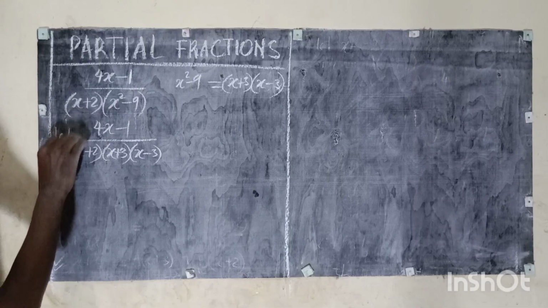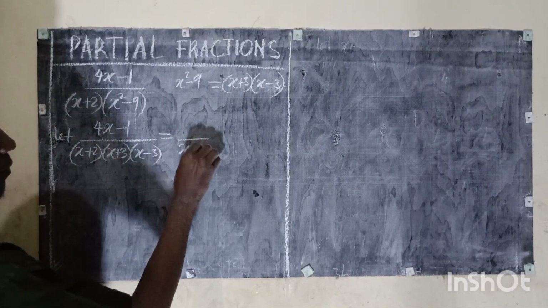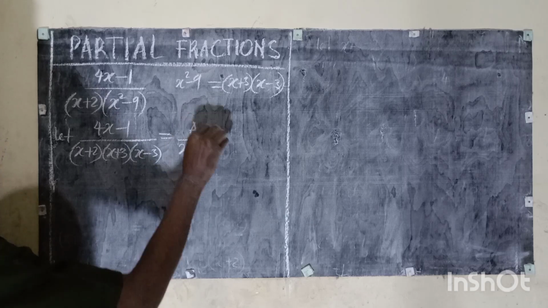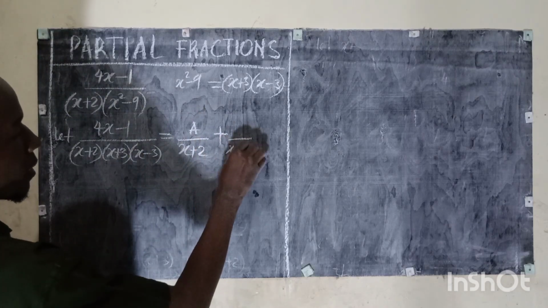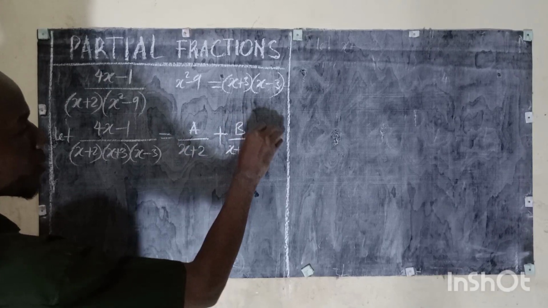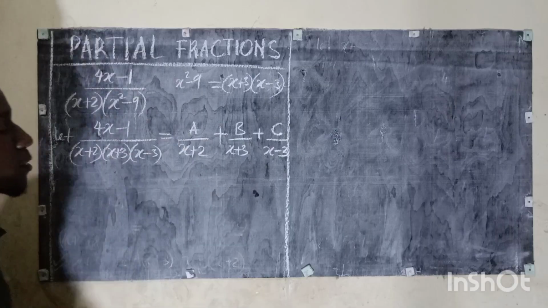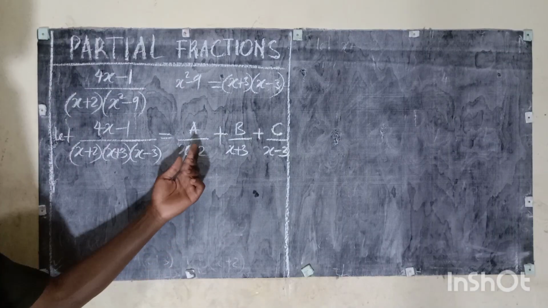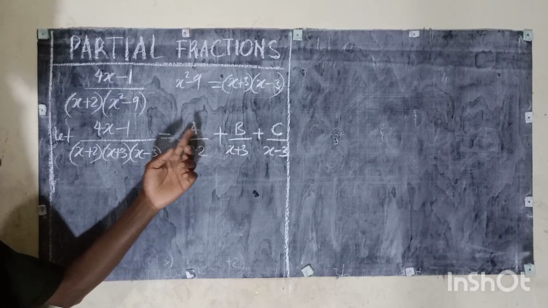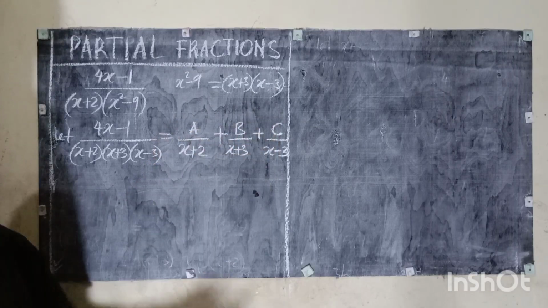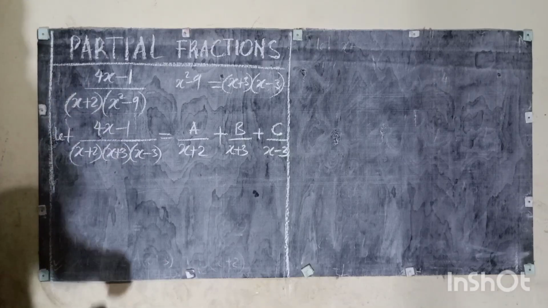So we shall let this be equal to, for each linear factor, we shall insert a constant: A over x + 2, plus B over x + 3, plus finally C over x - 3. This is the form in which our answer should be, and the task is to look for A, B, and C. So we shall proceed as we have done in our first example.